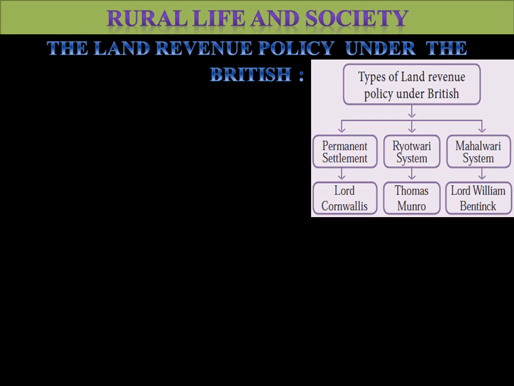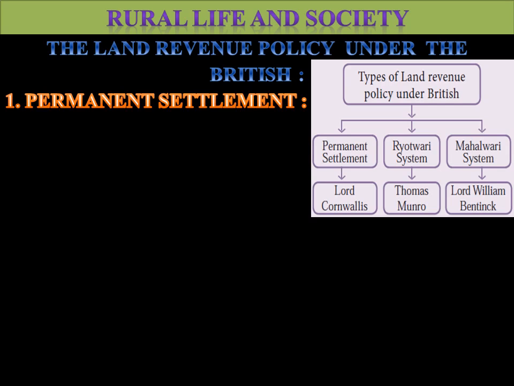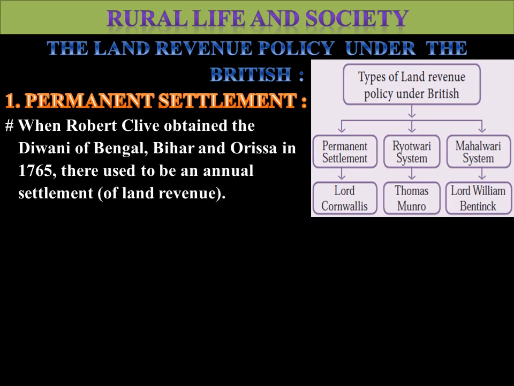Now we are going to study about the Permanent Settlement. When Robert Clive obtained the Diwani of Bengal, Bihar and Orissa in 1765, there used to be an annual settlement of the land revenue system.